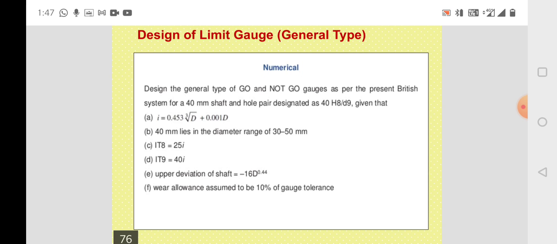H is the type of hole, that is the basic hole, H type. 8 is the tolerance grade of hole. Then D9. D is the type of shaft and 9 is the IT grade given for that shaft. So for this particular assembly, we have to design the go and no go gauges.